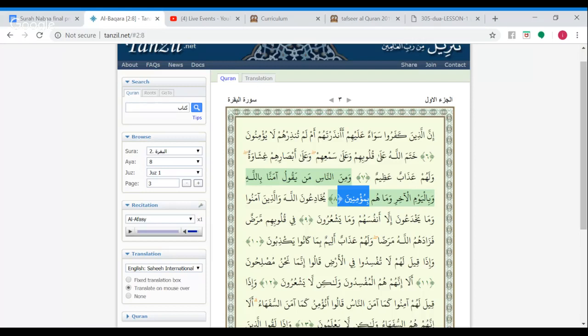When it comes to plural, the marfu form of plural, the rafa form, is una, and the munasab or jar form of plural is ina, as in the Muslim chart. So bi is making it majroor, so we have to put ina here. Bi mu'minina, not bi mu'minuna. Bi mu'minuna is not anything. Okay, bi mu'minina.